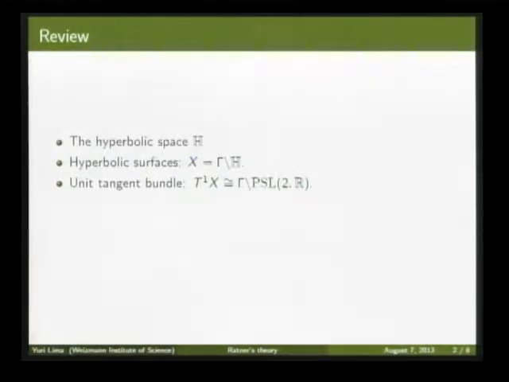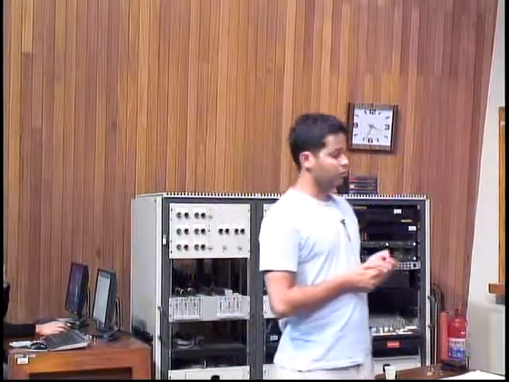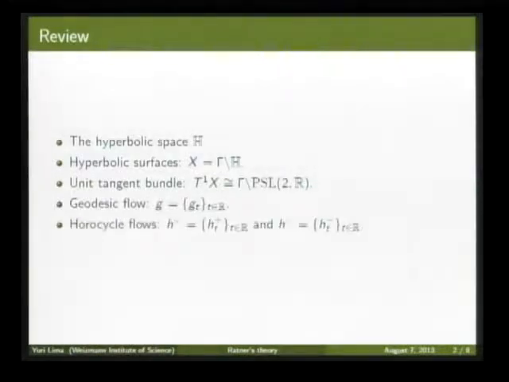But yesterday we saw that the unit tangent bundle of the hyperbolic space can be associated to the projective special linear group in 2 dimensions. Okay? So in other words, the space that we are working on is the quotient of PSL2R by a discrete subgroup. Good. So we have the geodesic flow on this space, and we have 2 horocycle flows, the stable horocycle flow and the unstable horocycle flow.